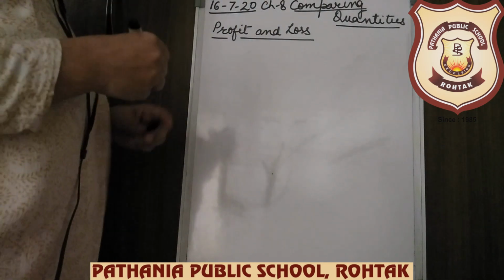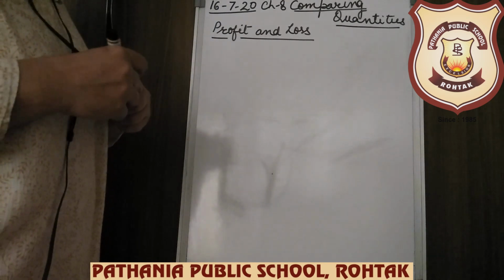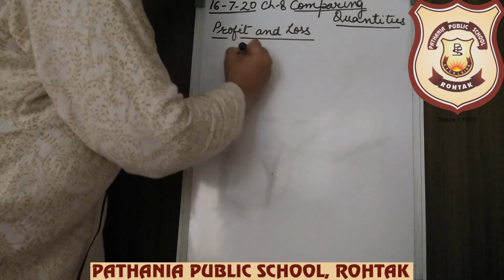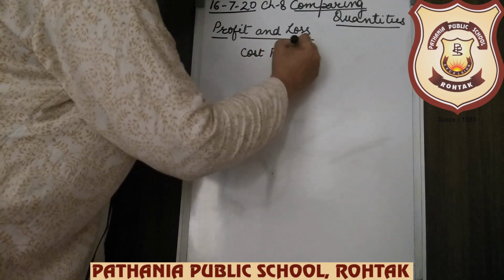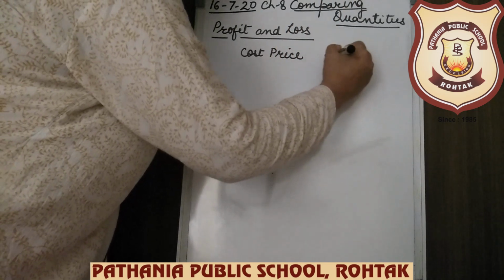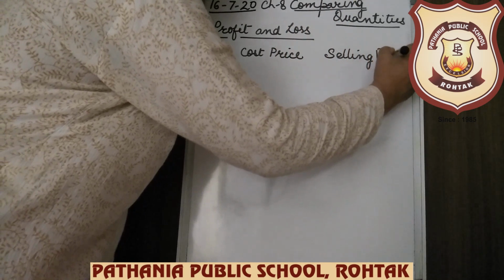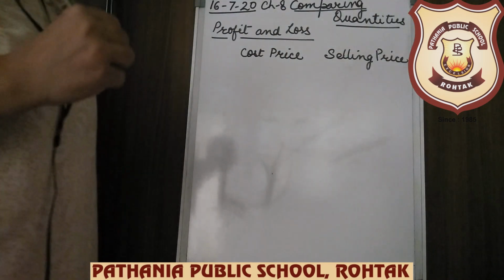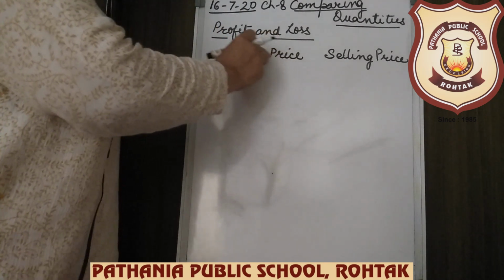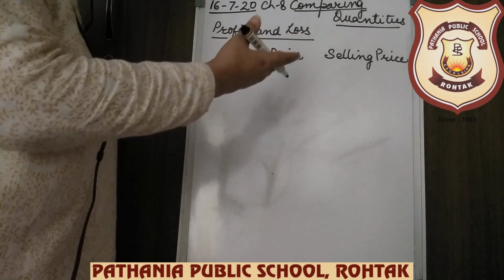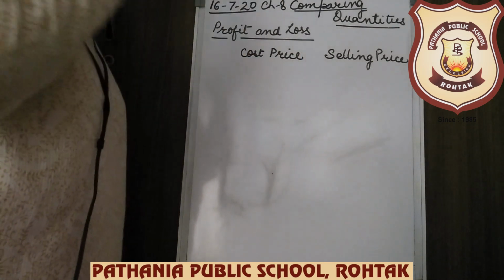Now when we discuss profit and loss, there are two things that you have to keep in mind. One is the cost price and the other is the selling price. Now cost price is the price which the shopkeeper pays to buy the things for the shop.